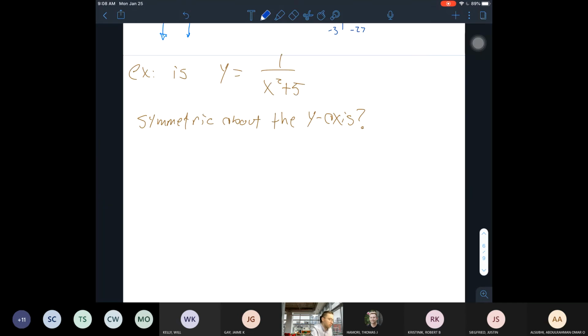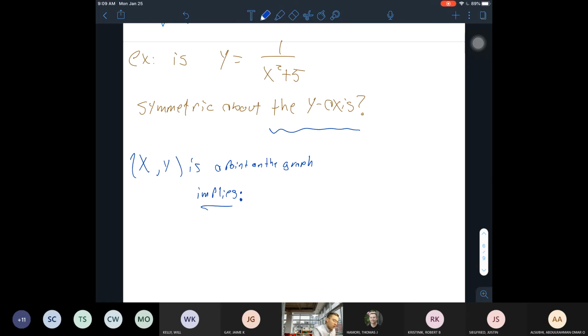Okay, remember, symmetric about the y-axis means that x comma y is a point on the graph implies that, if we're symmetric about the y-axis, that means we'd be flipping left and right. So we should also have negative x comma y is on the graph.